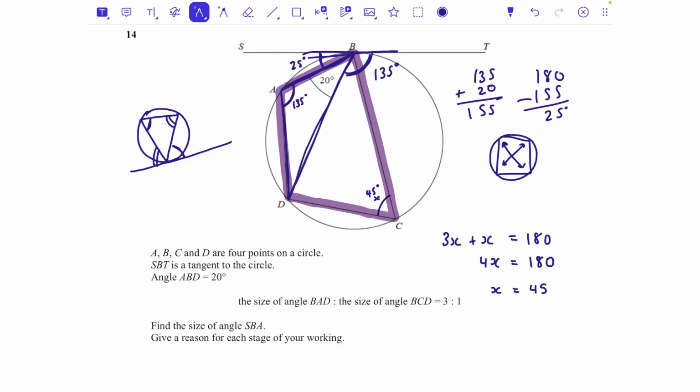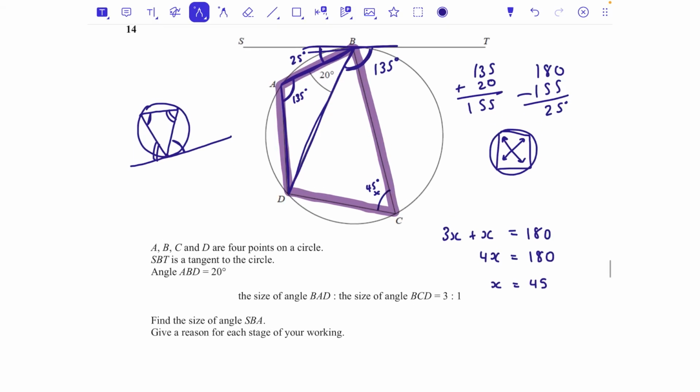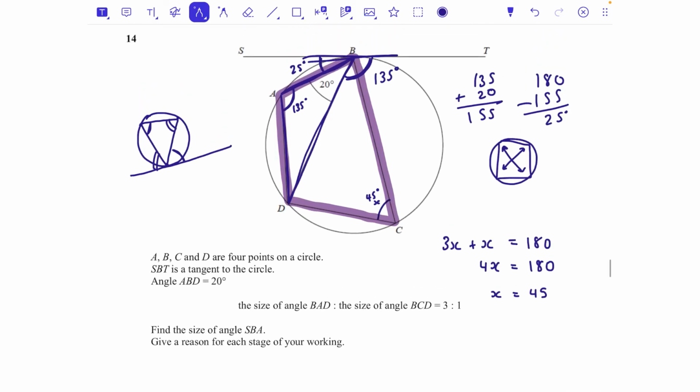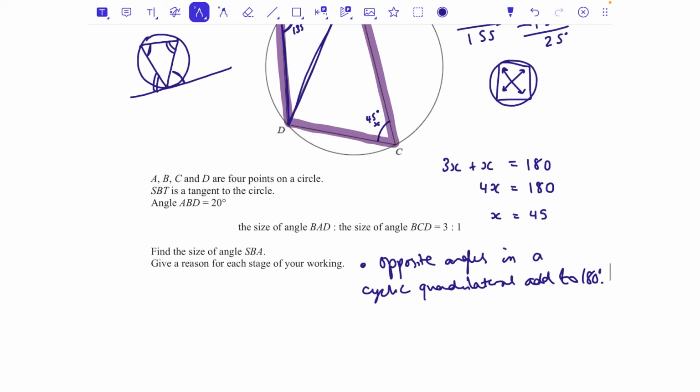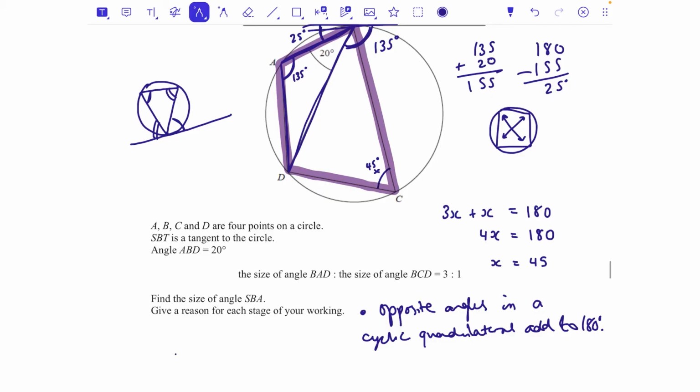Now, it does say give a reason for each stage you're working. So we do need to say everything that we've done. So what have we done? We've used opposite angles in a cyclic quadrilateral add to 180 degrees. That was the first reason we used. We also used alternate segment theorem.